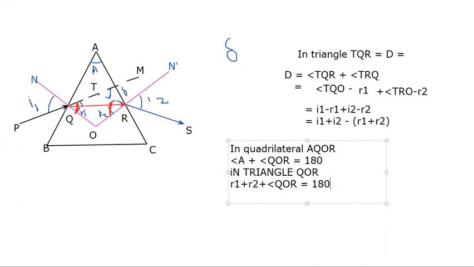So from these two equations, what can you write? Angle A is equal to R1 plus R2. Very good. Angle A is equal to R1 plus R2, right?